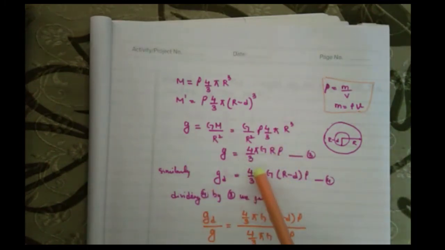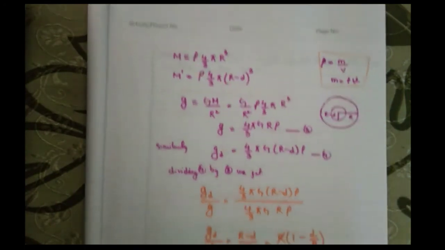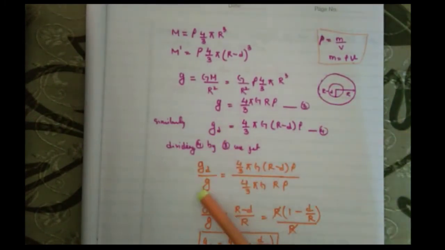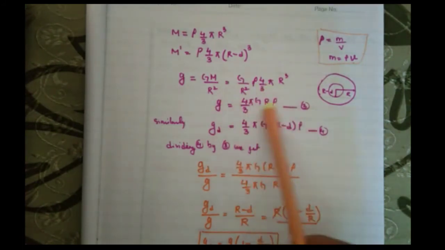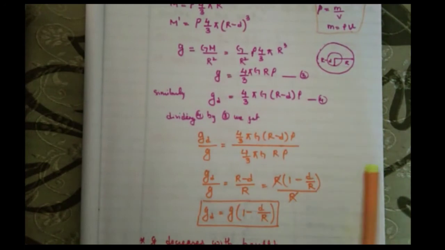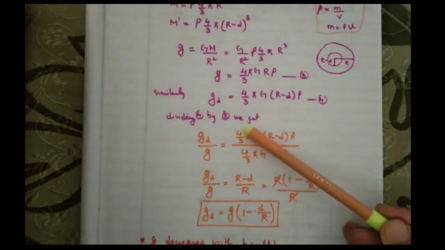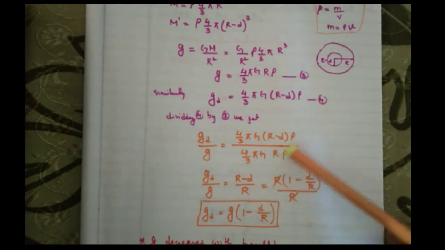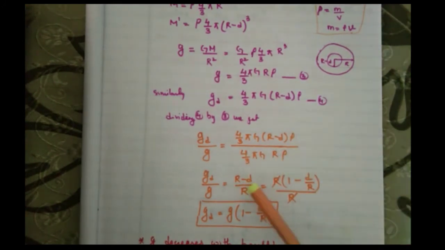So it will be 4 by 3 pi G (R minus d) rho, where rho is the density of the earth. Now when you divide equation 4 by 3, you get g_d by g equals this portion divided by this portion. Here 4 by 3 cancels, pi G cancels, and rho cancels. So you are left with (R minus d) by R.